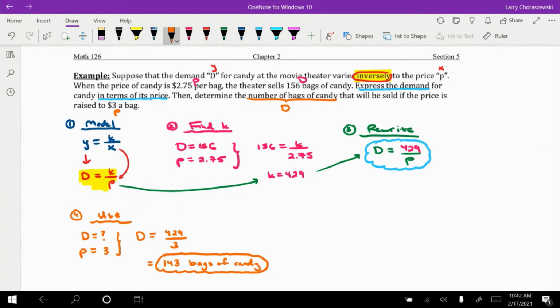This is a little less of one of those real life type examples. Well, obviously because of the current coronavirus stuff. But even before that, I can't ever recall a bag of candy only costing $2.75. I think part of the reason for that is because I always snuck candy in.